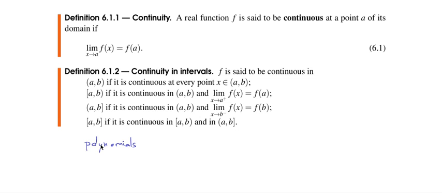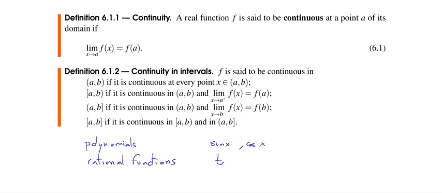Examples of continuous functions are polynomials, as we saw in the last video. The limit when x goes to a of a polynomial is the value of the polynomial at a. Rational functions, whenever the denominator is not zero, so in their domain they're continuous. As we saw, the sine of x and the cosine of x are also continuous.